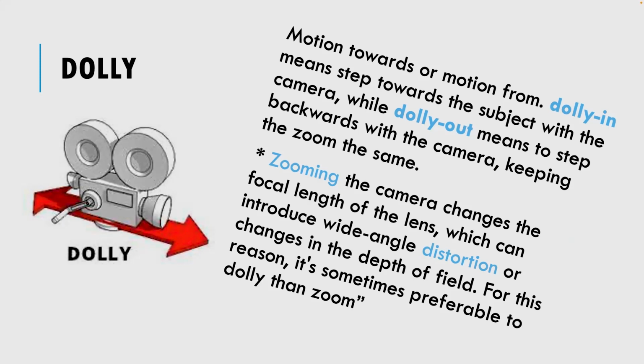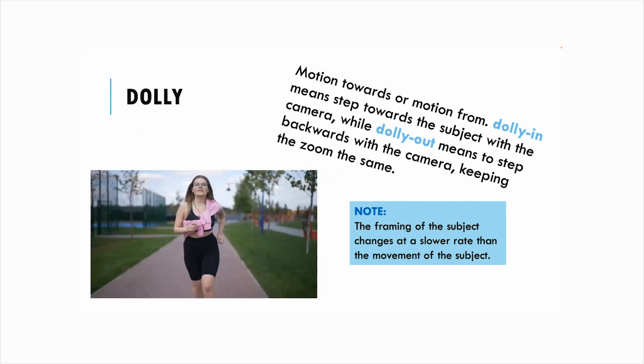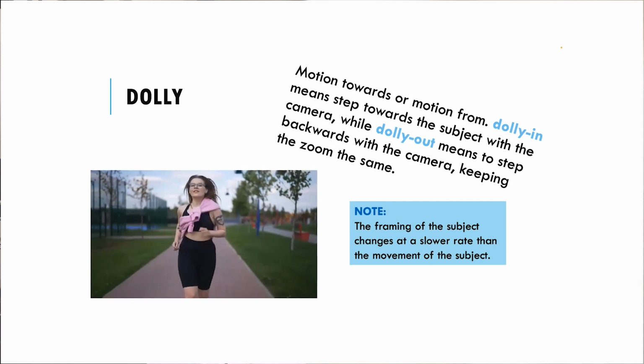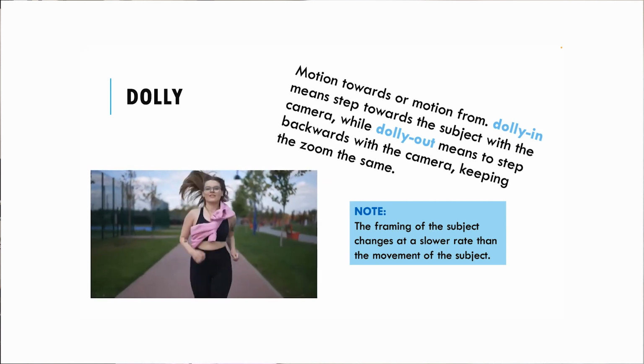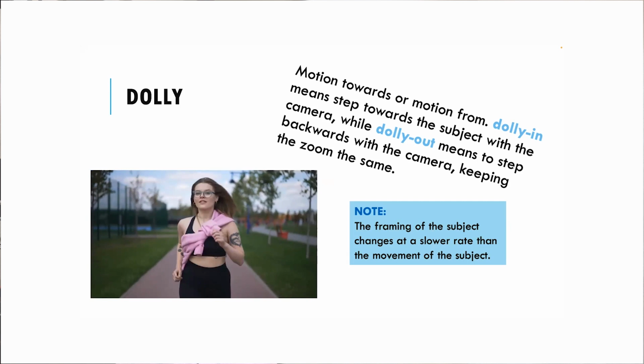But because you're changing the distance between the camera and the subject, you do have to adjust the focus of your camera. With the exception of if the camera is moving at the same speed as the subject, which we're going to see in this example here. As this woman is running, pay attention to how the camera is dollying backwards.